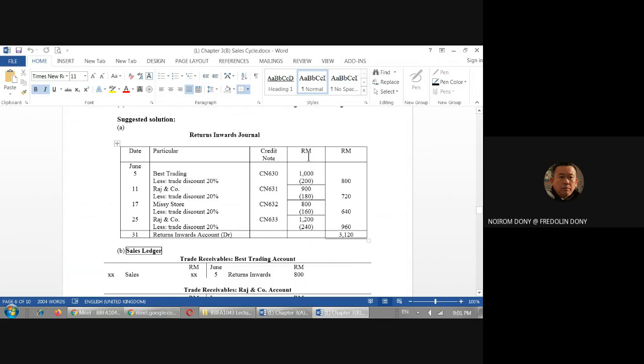Then we do the adjustment, and after that only the net amount is recorded in the last column. So this is your point of reference. The first step: on the 5th 800, on the 11th 720, 17th 640, 25th 960. So we record the individual amount and the date of transaction, the first step.